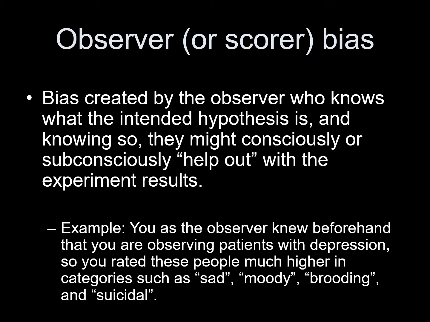You don't tell them that this person coming in has previously been diagnosed with depression. You just tell them this person is coming in, I want you to take a look, and I don't want you to have any preconceived notion about them. After you watch the video, let me know what your impression is. You want to give them as little information as possible.